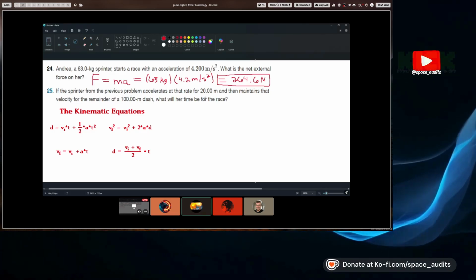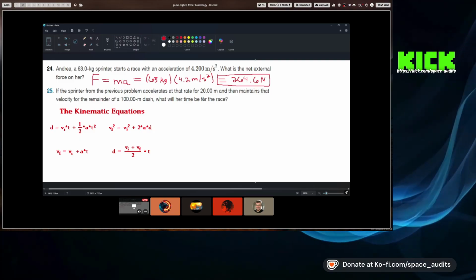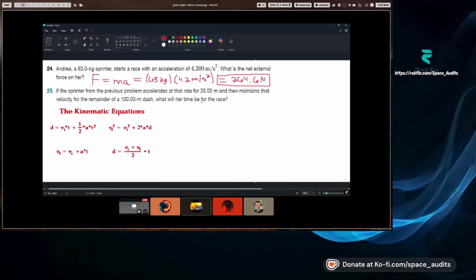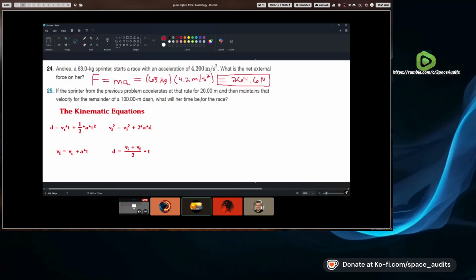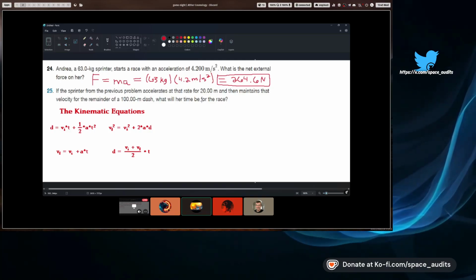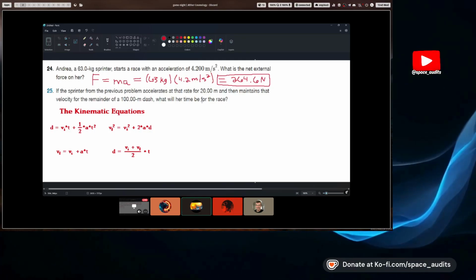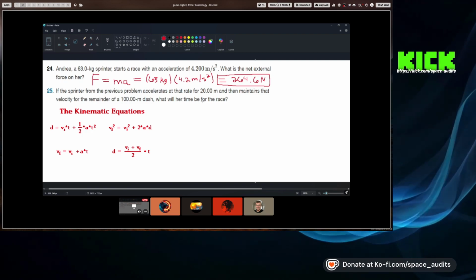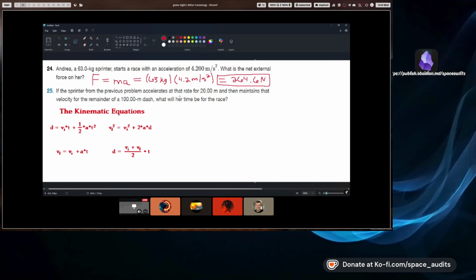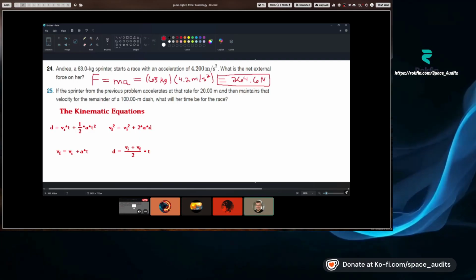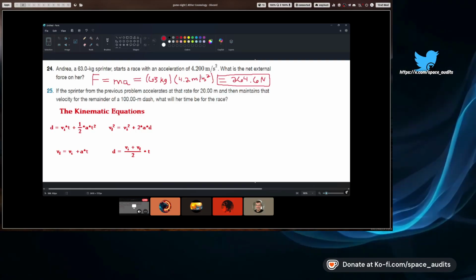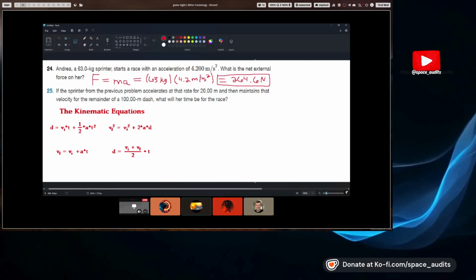So what we want to find out is a velocity. If we have acceleration and we have distance and we need to find velocity, so we've got three variables.